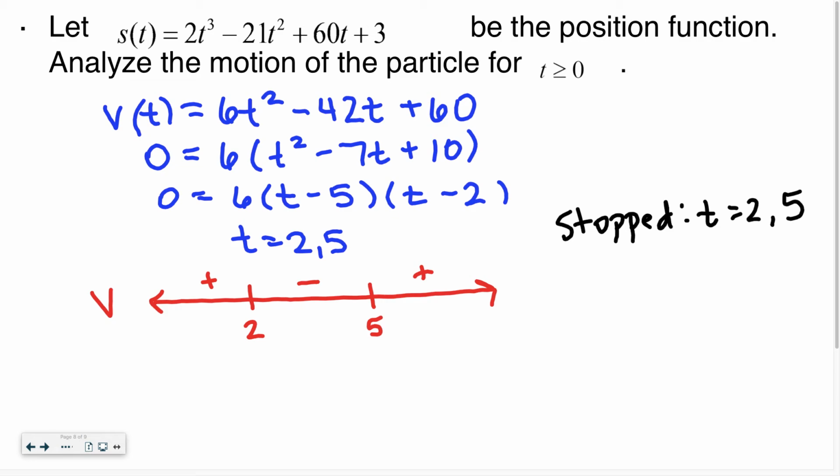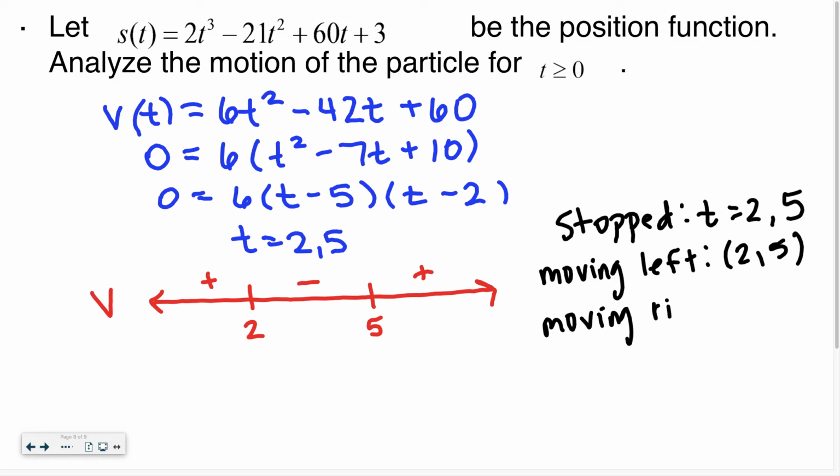Okay, we also know that we are moving left anywhere our velocity is negative. So this particle is moving left from 2 to 5. We also know that our particle is moving right anytime our velocity is positive.